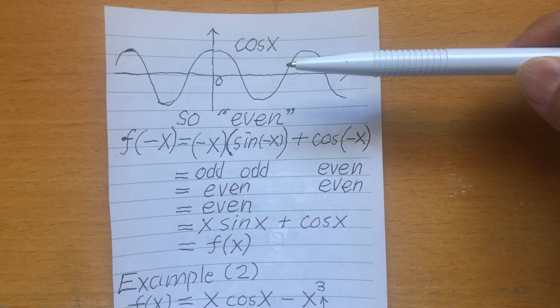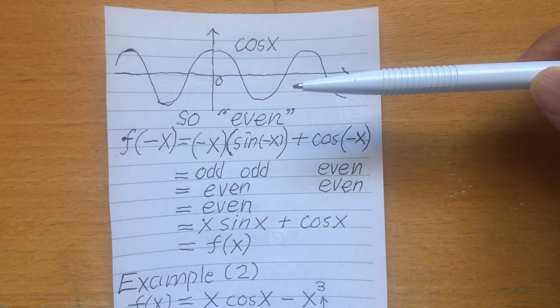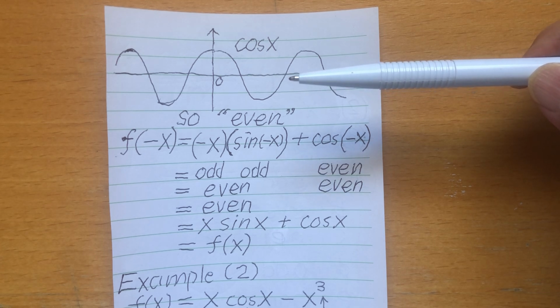Mathematically, to find out whether it is even or odd, we replace x by negative x.